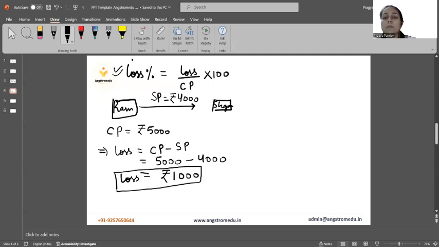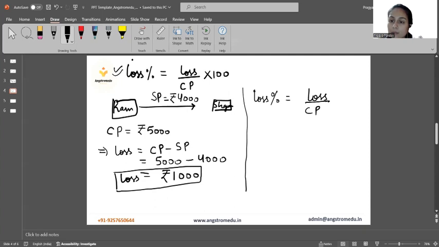Now we know the loss, but we have to work upon the loss percentage. We have to calculate how much percent of loss he has incurred in this transaction, right? To calculate the loss percentage, we know the formula: loss percentage will be loss upon CP into 100.